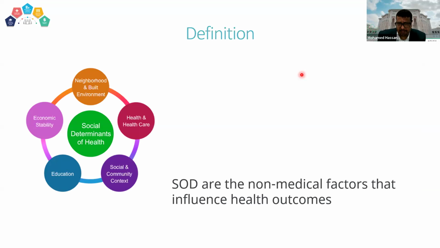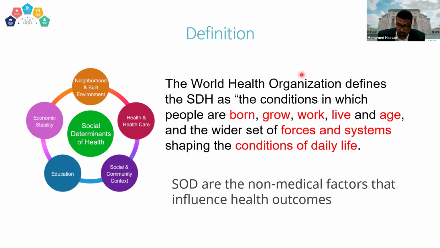So let us start together by defining the social determinants of health. The World Health Organization defines social determinants of health as the conditions in which people are born, grow, work, live, and age, and the wider set of forces and systems shaping the conditions of daily life. And actually, social determinants of health are non-medical factors that influence health outcomes.